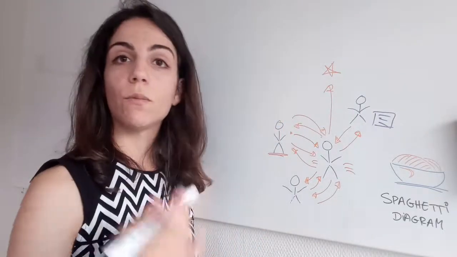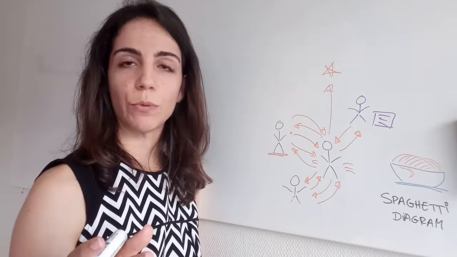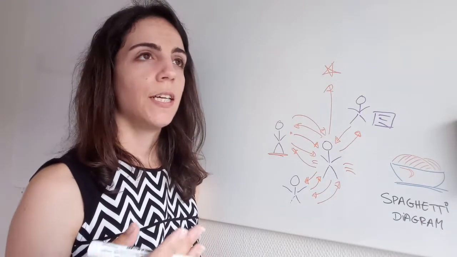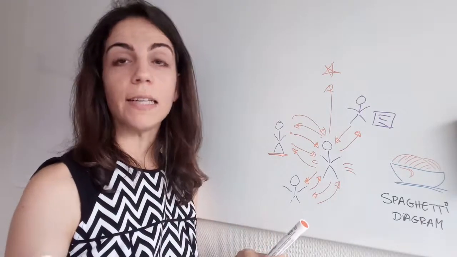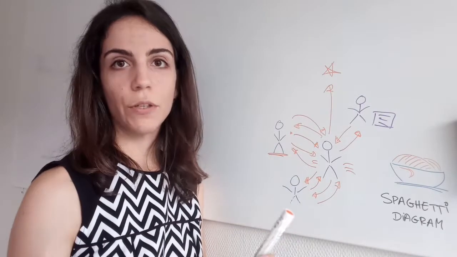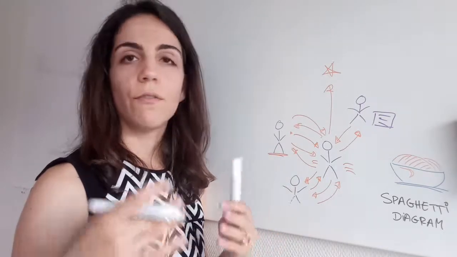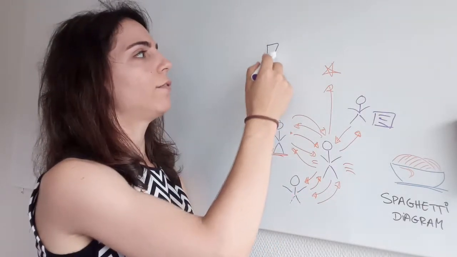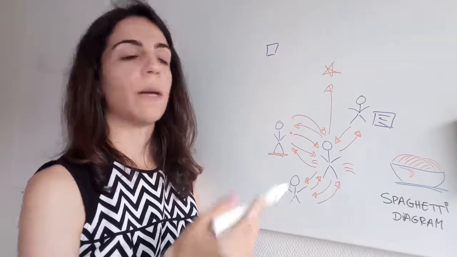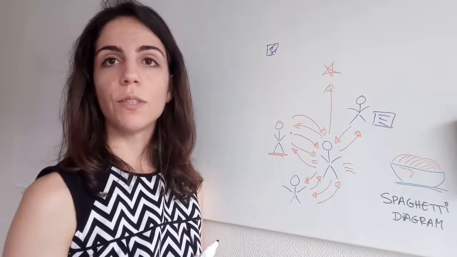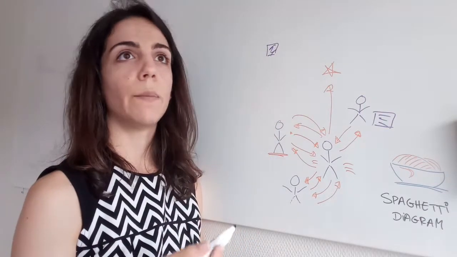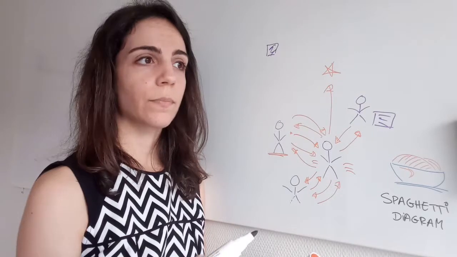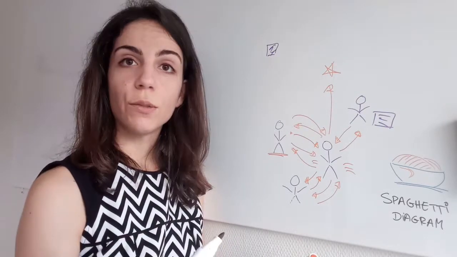You're going to define one specific process that you want to improve. So for example, if it is your process of acquiring a customer, if it's your process of developing a feature, if it's your process of hiring someone, whatever it is, you want to have one object, which might be the candidate that you're recruiting, or it might be the feature that you want to develop, or it might be the customer that you want to acquire.